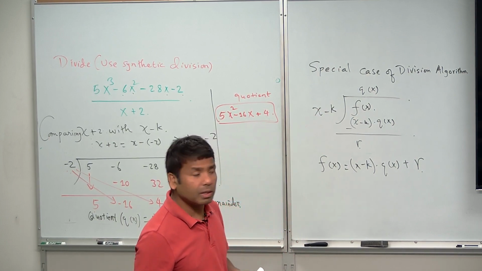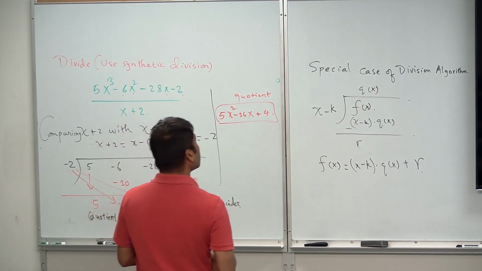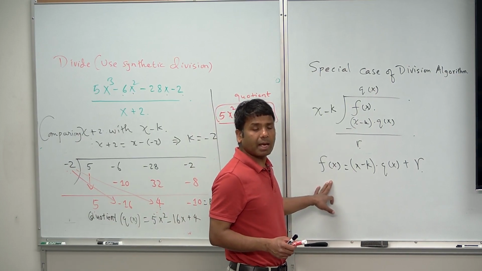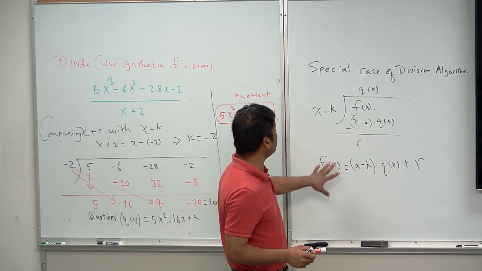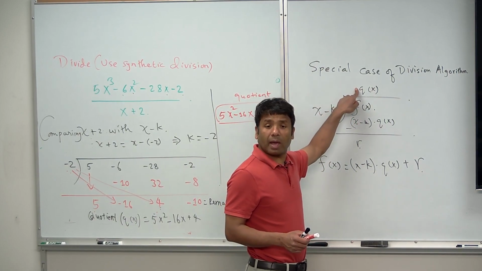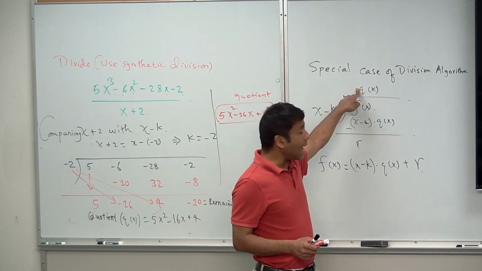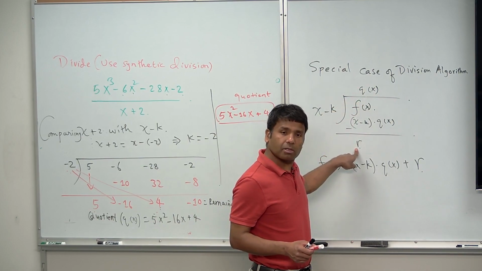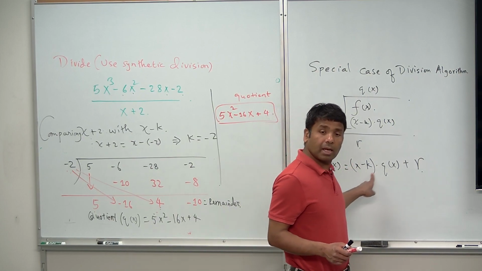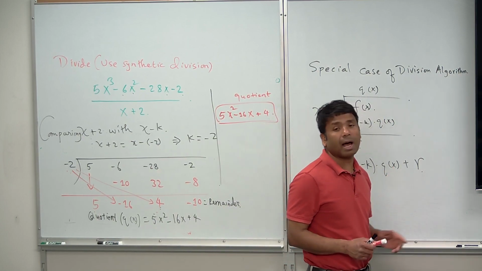Are you guys with me? So now what you need to know is that for any polynomial f(x) and any complex number k, there exists a unique polynomial q(x) and a number r such that f(x) equals (x minus k) times q(x) plus r.